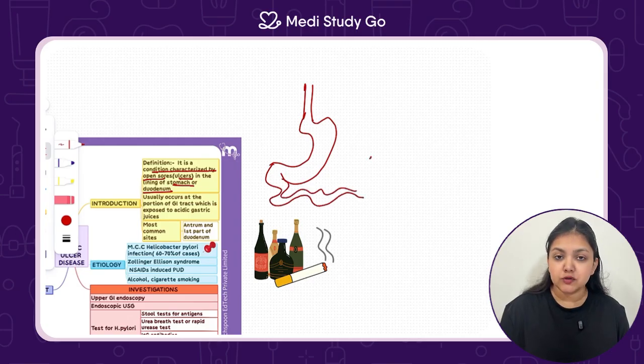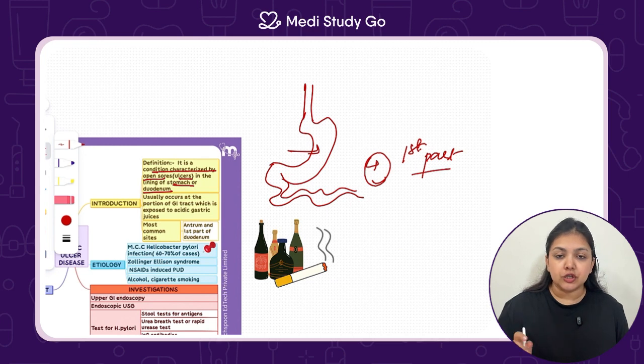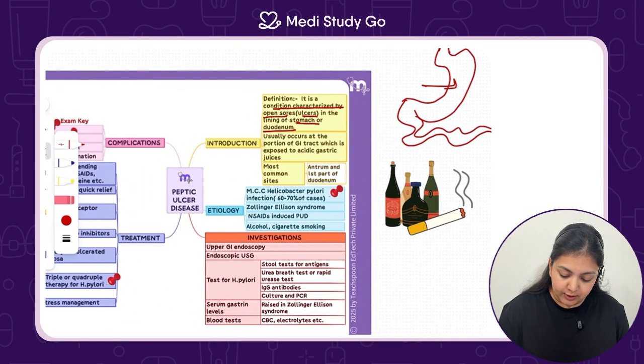The duodenum has 4 parts, and peptic ulcer disease affects the stomach and the first part of the duodenum. It usually occurs at the portion of the GI tract which is exposed to acidic gastric juices.